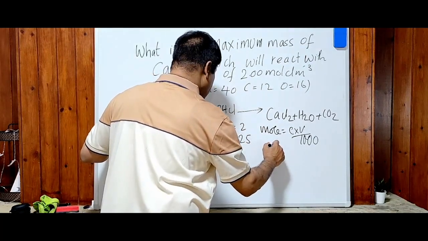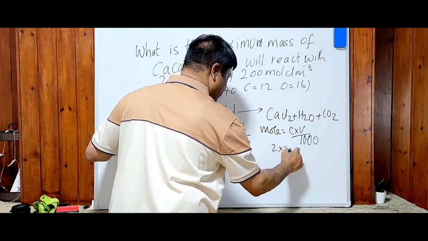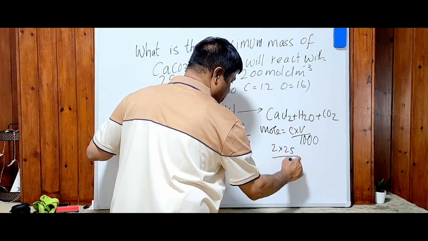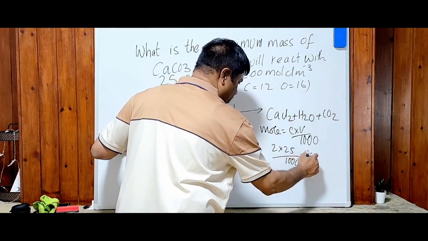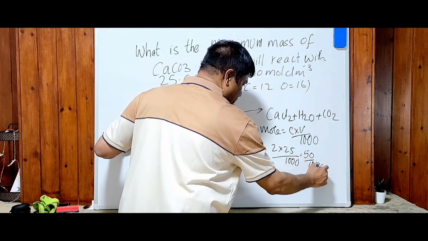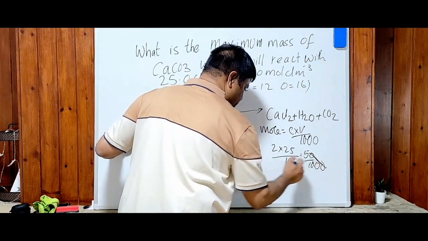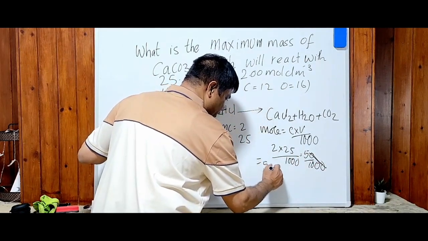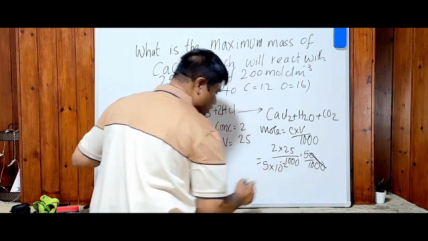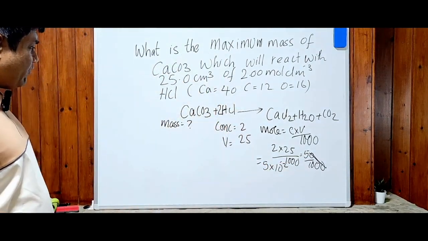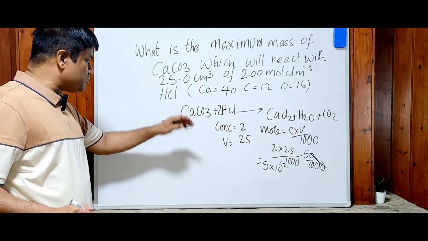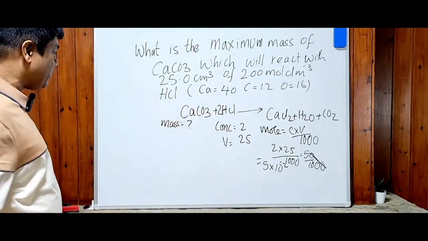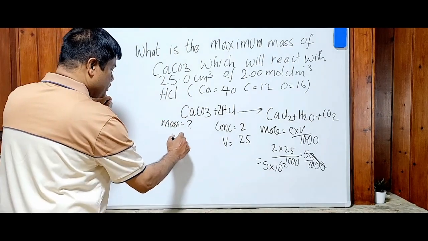So 2 into 25 divided by 1000, which is nothing but 50 over 1000 equals 5 into 10 to the power of minus 2. Is that okay? Yeah. 5 into 10 to the power of minus 2 is the mole of the HCl. Look at the molar ratio. 1:2, guys.